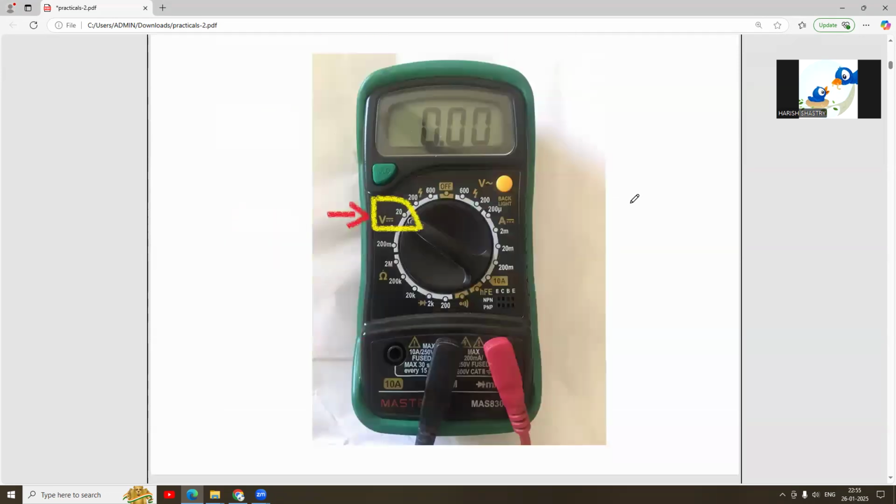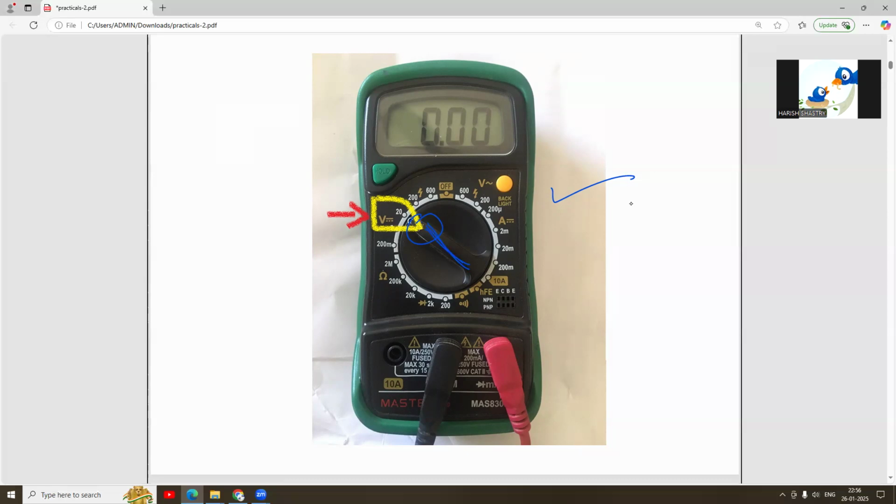And for all the experiments, we are using a digital multimeter as a voltmeter. A multimeter can be used to measure voltage, DC current, AC current, resistance, and all these things. A single device can measure different quantities. You can see a knob here, you can turn it.